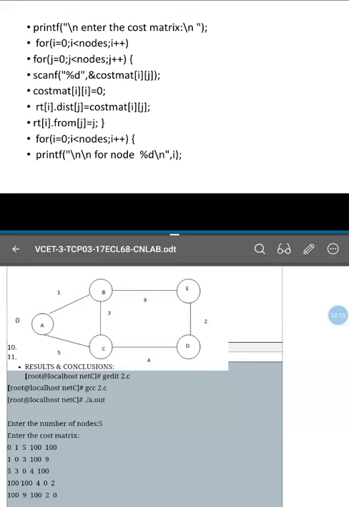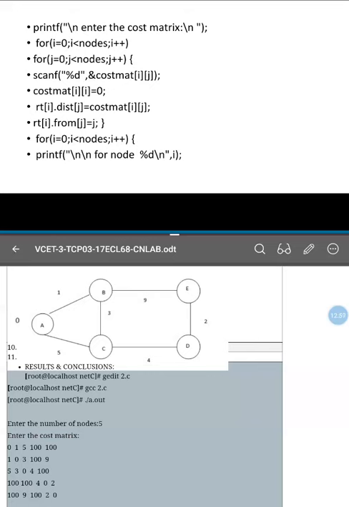That is how the table will be written. So root of I dot dist of J. Root of I, I is nothing but 0 first. So root 0 dot dist of 0 is cost mat of 0,0, the first one. That is the first entry which will be stored in that structure which is named dist, and it is accessed by using the dot operator. So dist and from are two variables of the structure which will store the values of each and every distance.